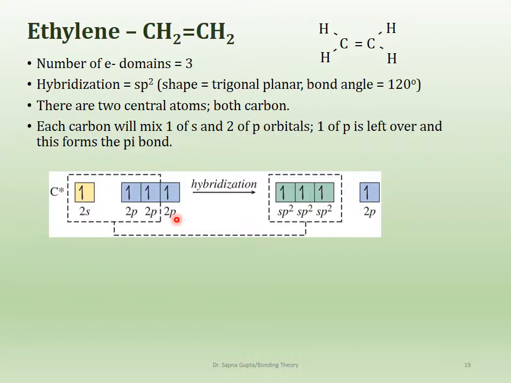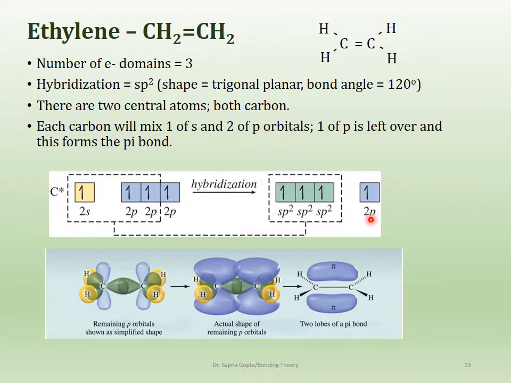So how we explain the formation of the double bond for carbon is that one p electron is left behind and only 2 of the p orbitals are mixing with the s, because we know that the hybridization is sp2. This is the only possible explanation: only 3 orbitals are mixing and one of them is left behind. So we have 3 sp2 orbitals and 1 p orbital that is left behind. This is what the structure will look like.